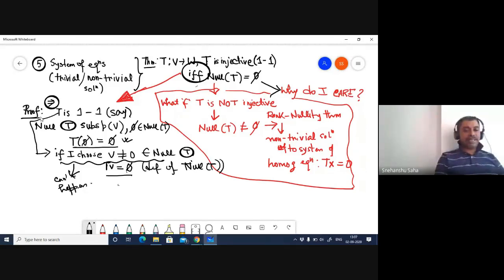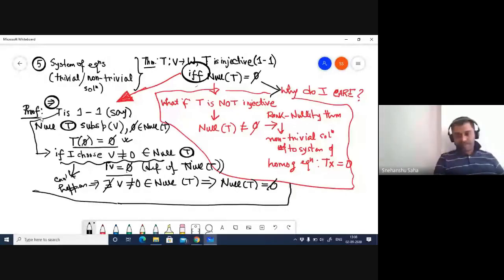It implies that there does not exist such a non-zero vector belonging to null of T. Which means the only thing that null of T contains is the zero vector. All right, so this is one way.